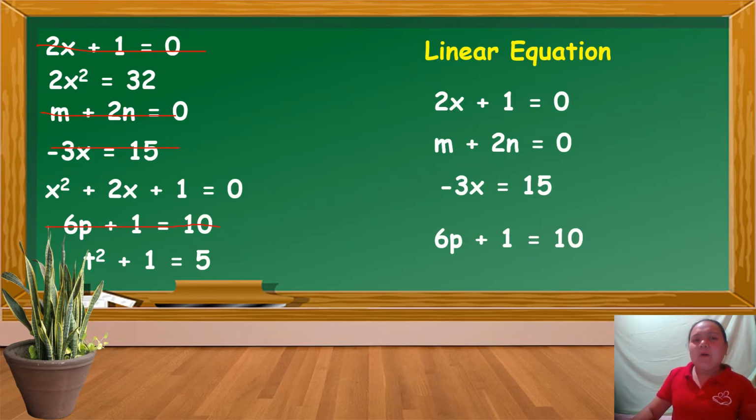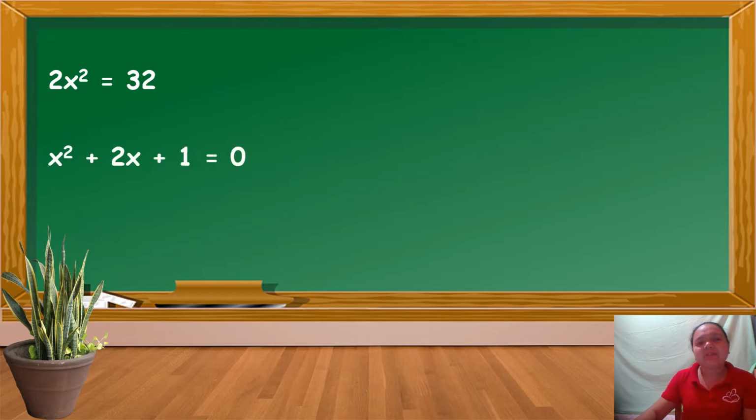Now, how about quadratic equation? So, ano yung mga naiwan na equation? These 3 equations. The equations left are 2x squared equals 32, x squared plus 2x plus 1 equals 0, and t squared plus 1 equals 10.